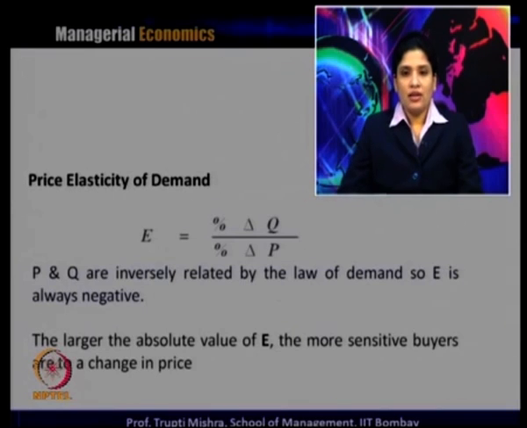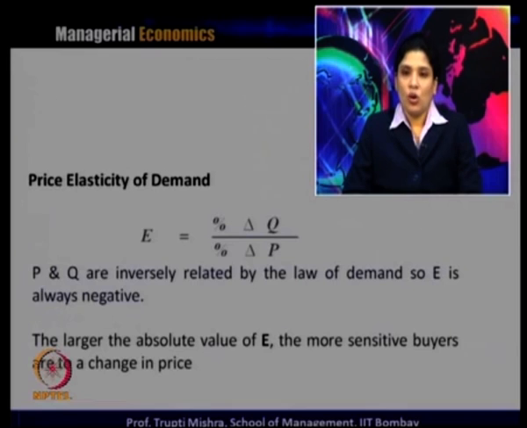E is the elasticity of demand, the short form of elasticity of demand. The percentage change in Q, that is delta Q, and the percentage change in P gives us the price elasticity of demand.